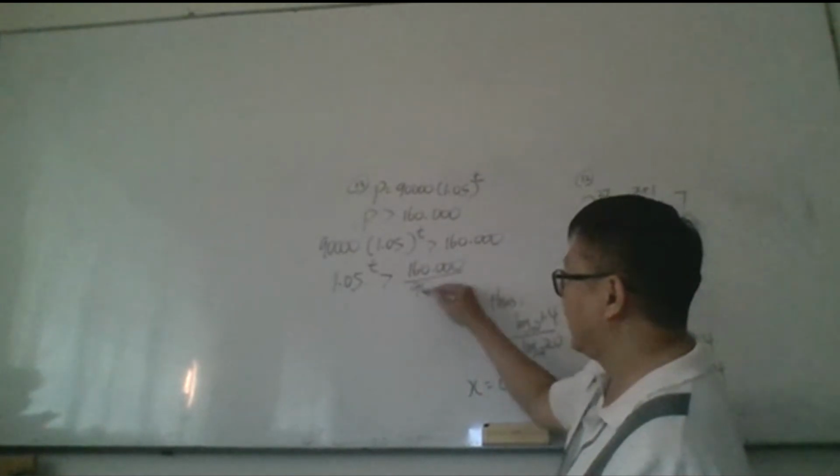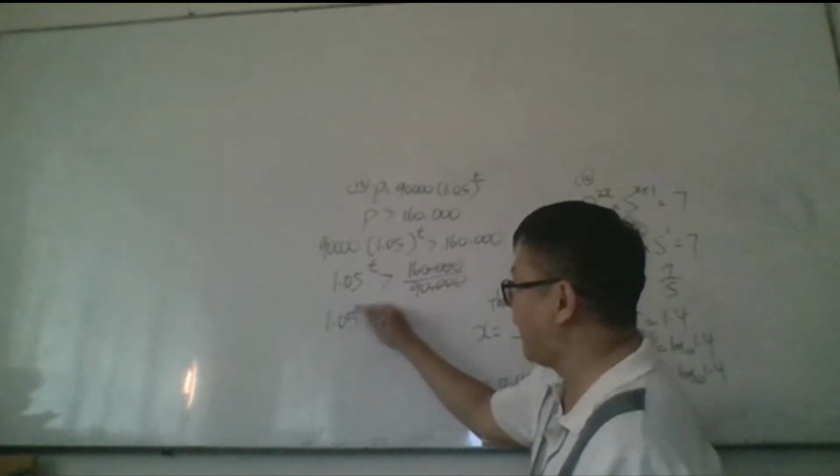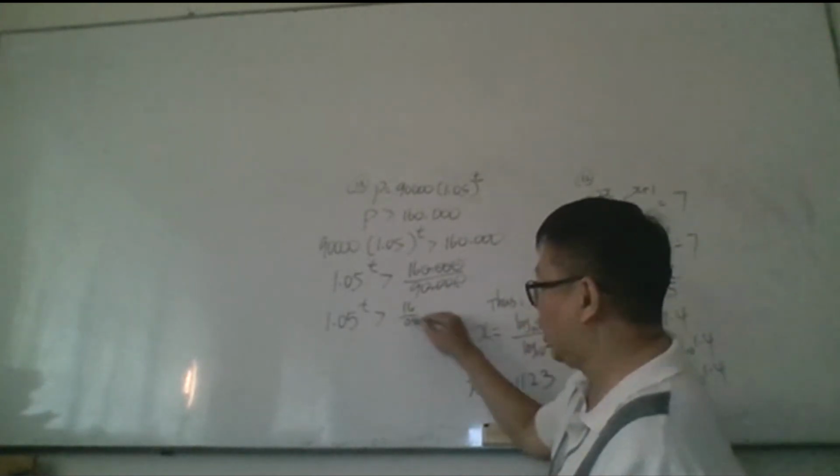Divided by 90,000, all this zero we clear. 1.05 to the power of T is more than 16/9.